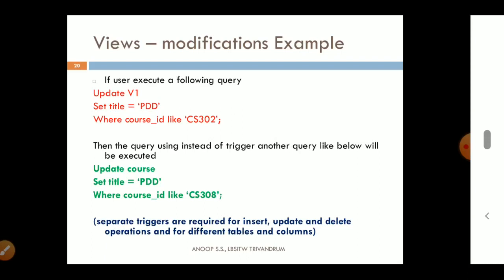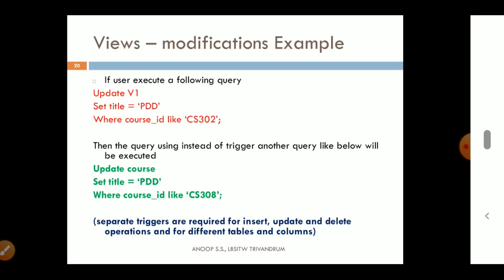Example, if we do an update operation on v1, we like to change the title of some particular course ID, CS302. Oh, there's a mistake in this. In the above query I have written 302, and in the below I have written 308. Both are actually the same, both need to be the same.